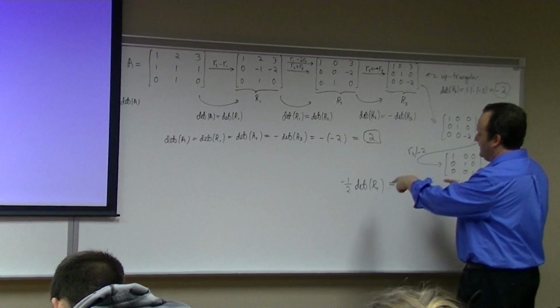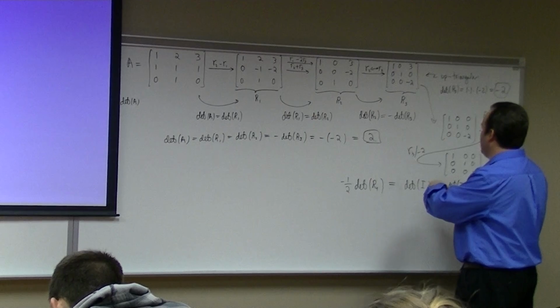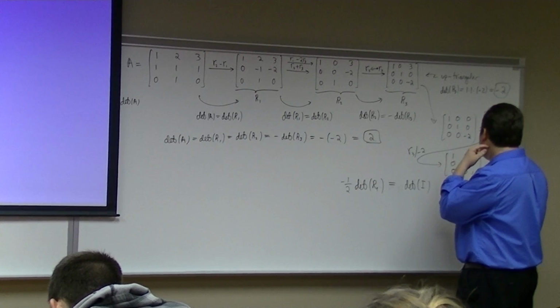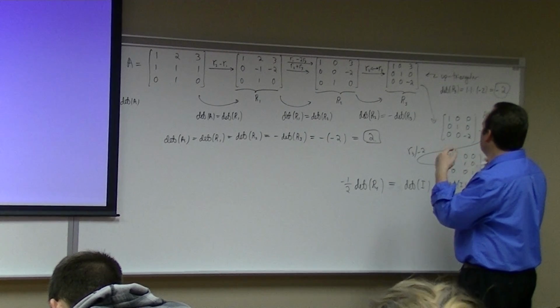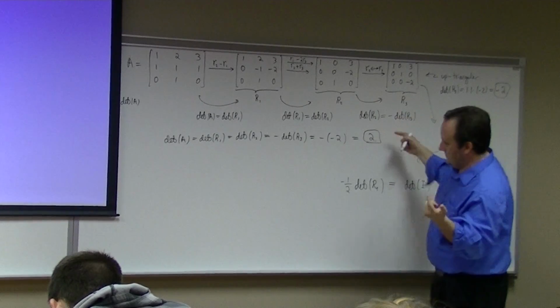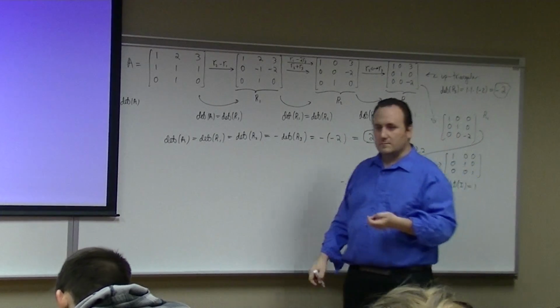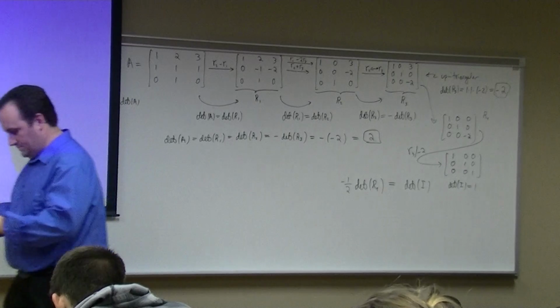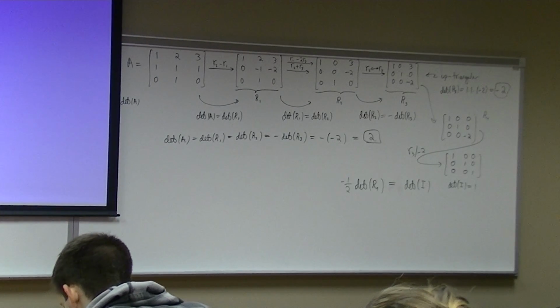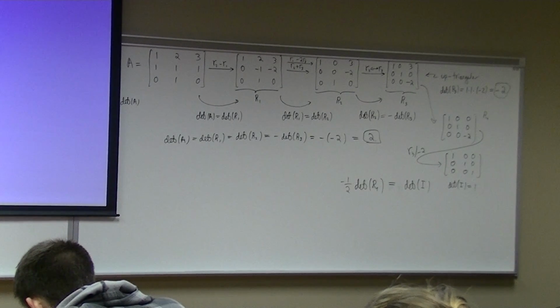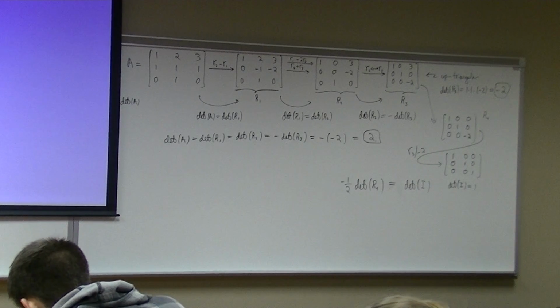Which then would tell us the determinant of R4 was equal to -2, right? Which gets us back to here again. So when you multiply a row by a constant, you have to remember that in the determinant. You have to be careful.